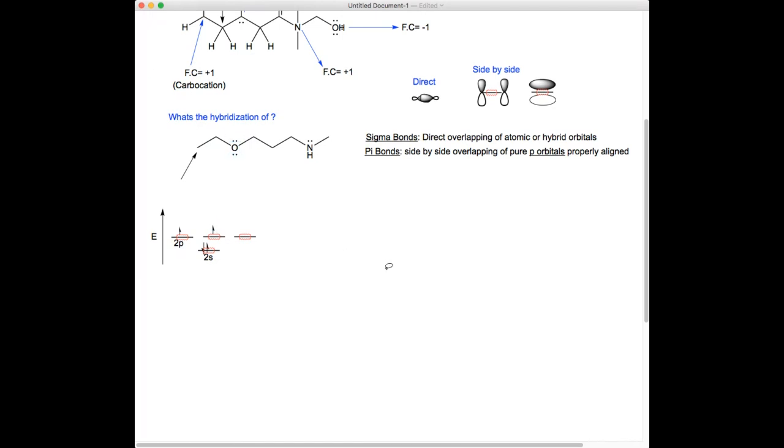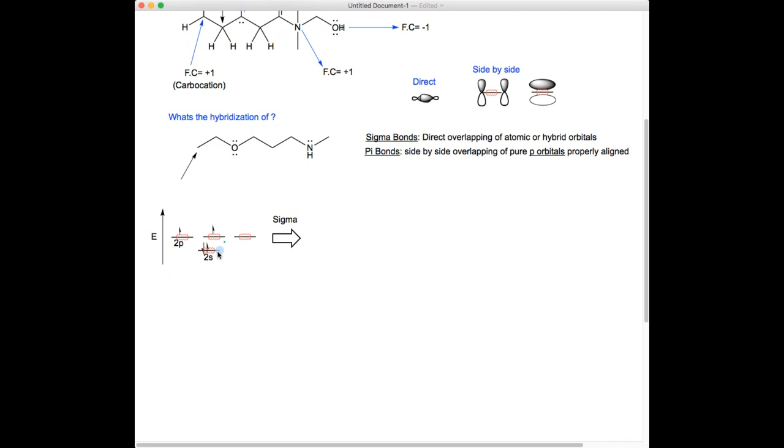So remember how I said in class that before carbon forms any bonds to any other atoms, any sigma bond, and I'm going to emphasize that before forming any sigma bonds, because the pi bonds are the result of pure orbitals. So before forming any sigma bonds, the atomic orbitals of carbon will be hybridized. And the orbitals that the carbon is using for the bonding are hybrid orbitals.